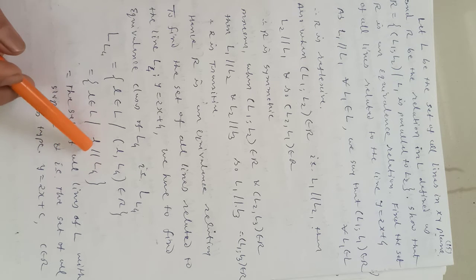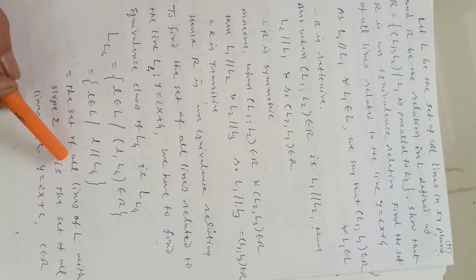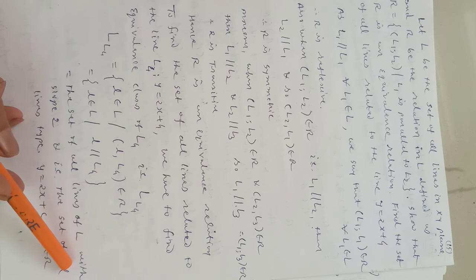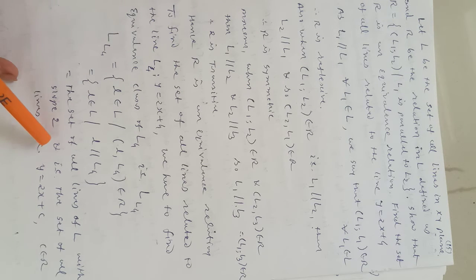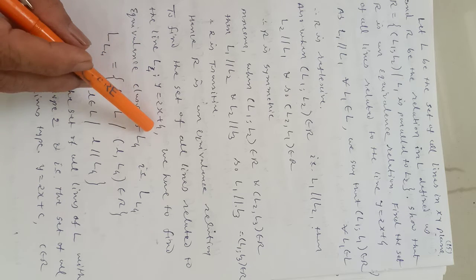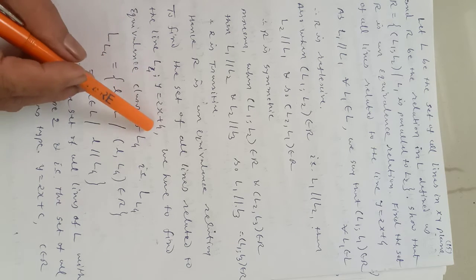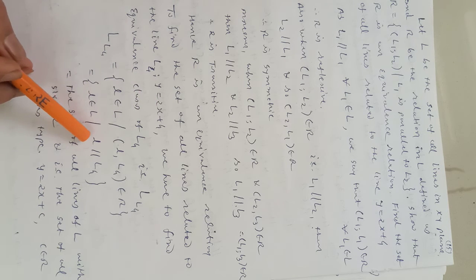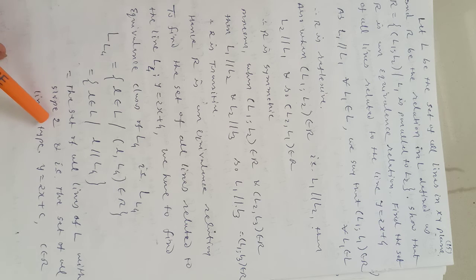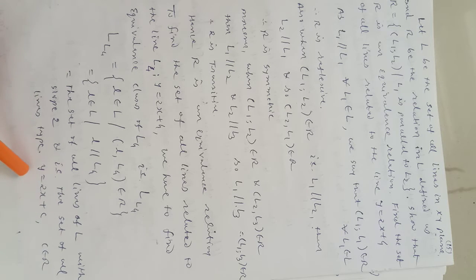Now when they are parallel, they have the same slope, as you know from last year. Therefore the set of all lines of your given set L with the same slope as L4. So what is the slope of L4? Check in your question. Your line is y equals 2x plus 4. What is its slope? 2. Therefore the required line l also has slope 2, and so the set of all lines is of the type y equals 2x plus c, where c is an arbitrary constant.